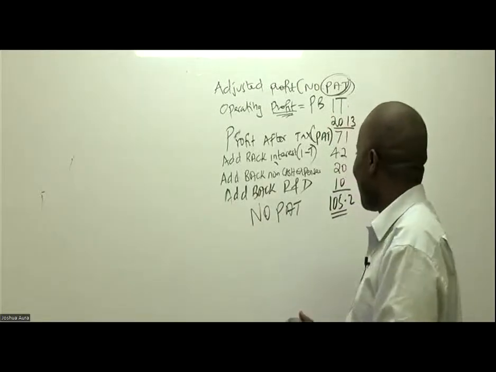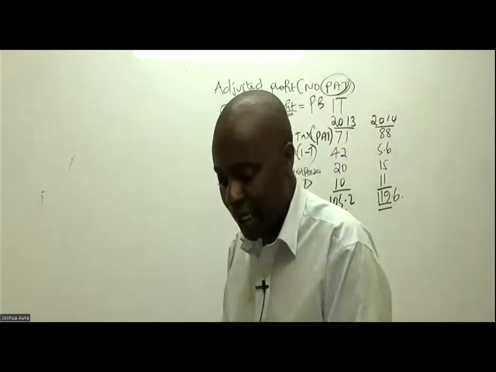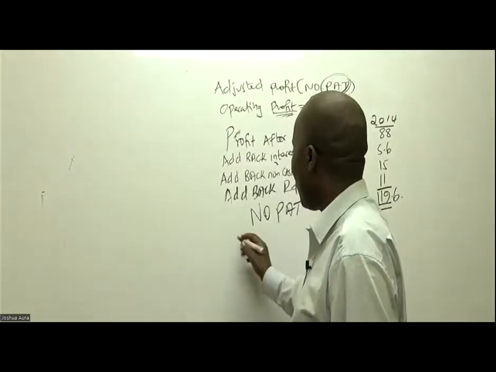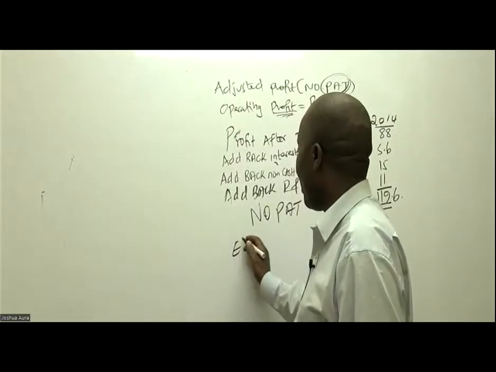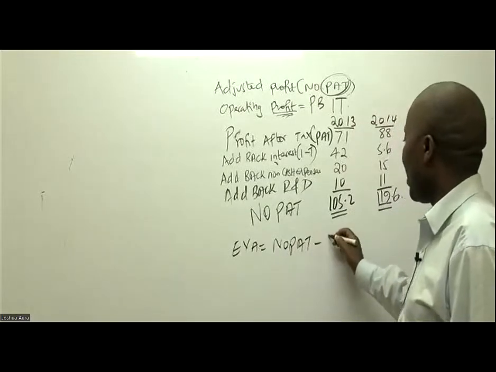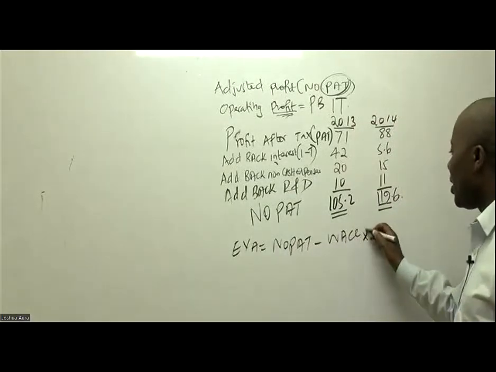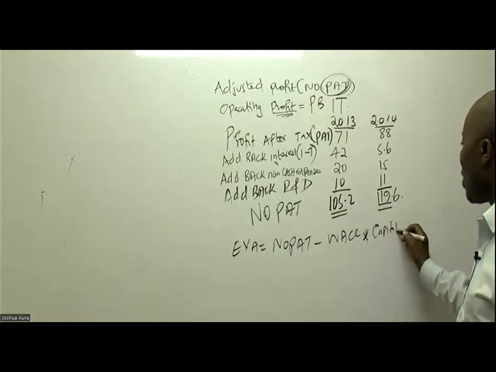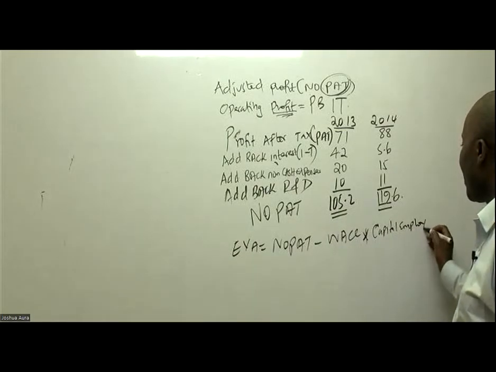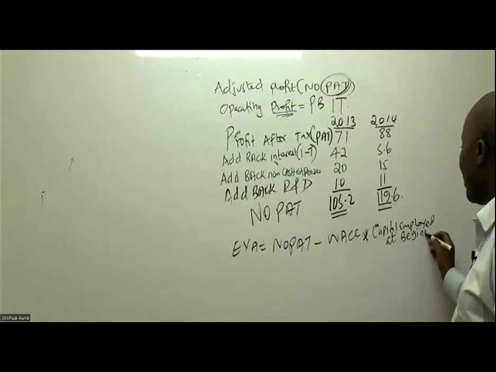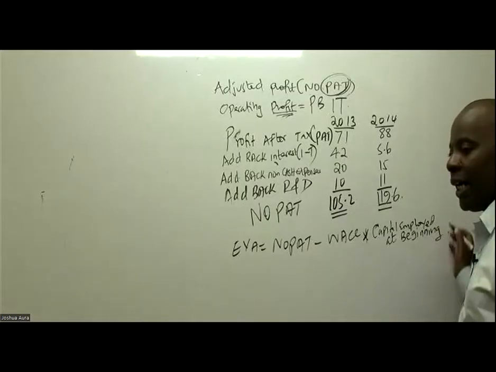Now the formula which I will use is this. I'll tell my examiner that EVA equals NOPAT minus WACC times capital employed at the beginning.